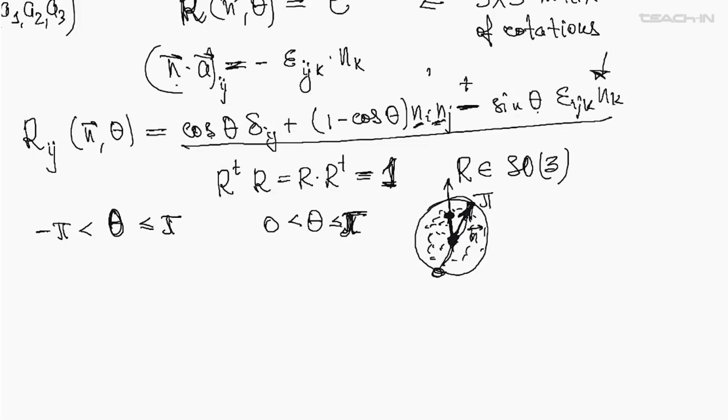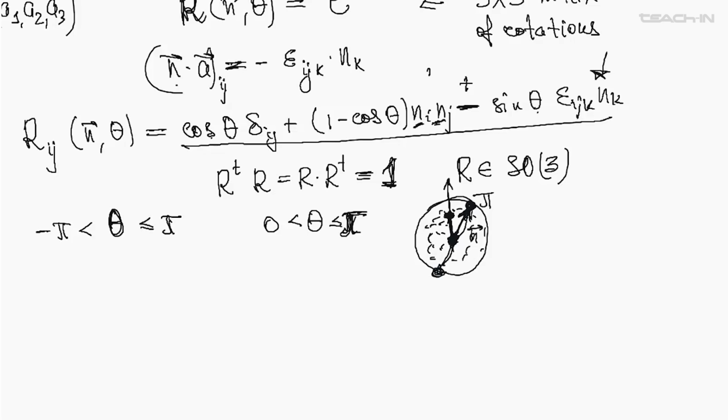Because a rotation by angle pi and minus pi will actually give you one and the same rotation. Well, it's clear from the point of view of usual intuition: if you rotate by pi, it's the same as a rotation by minus pi, so you have to identify these two points.